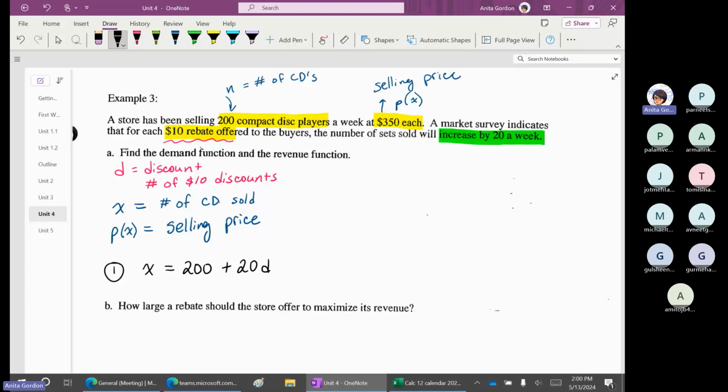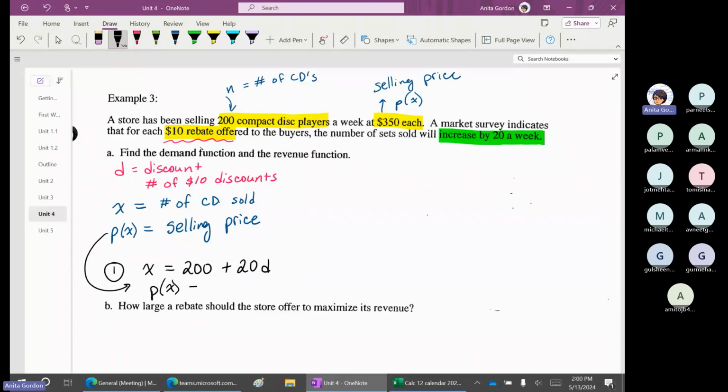When we look at the profit, let's call this... how do I do this? Don't we need a demand function? We do need a demand function. Starting price first. Let's take a look at the selling price. So let's rearrange this.